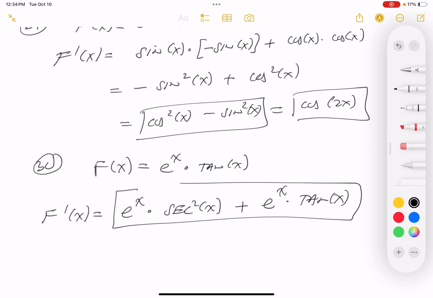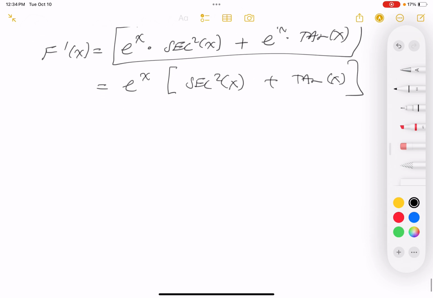Not much you can do about that, except possibly factor it. And by the way, he did factor it. I'll write that down for you. e to the x times secant squared plus tangent.